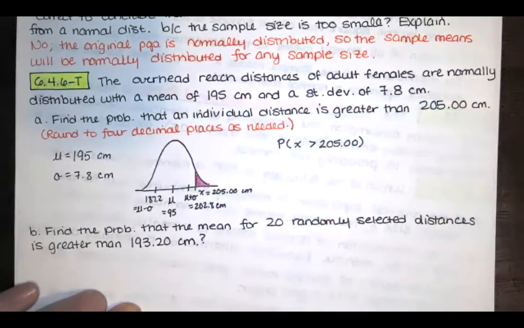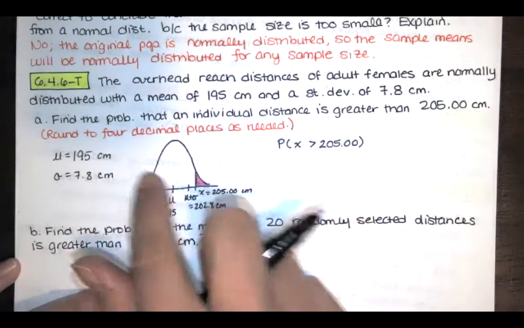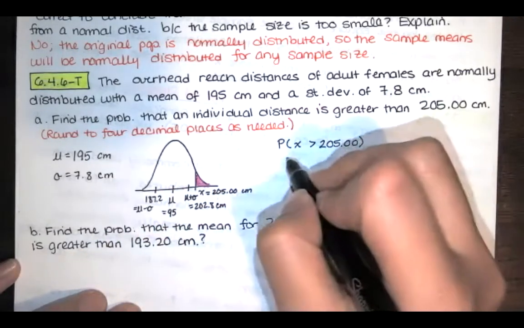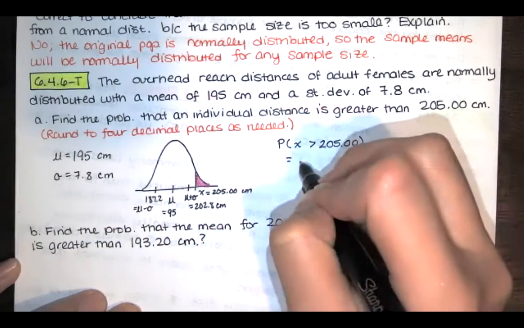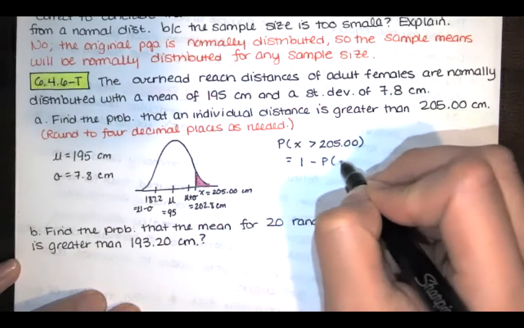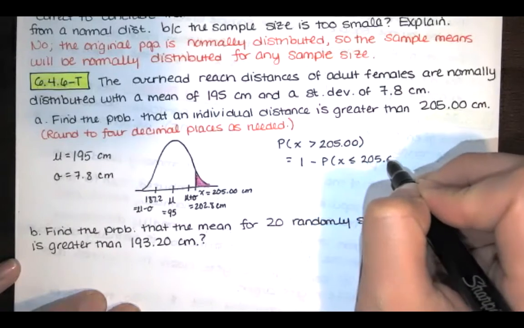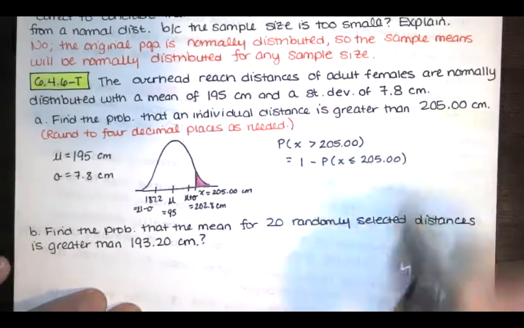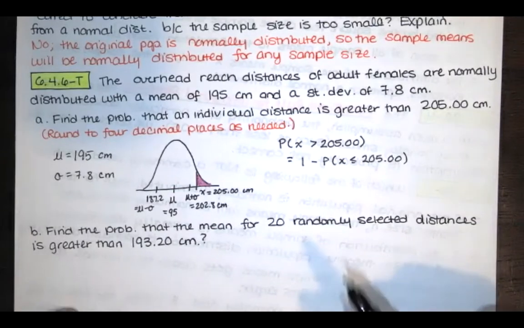Now, both Excel and table A2 give us probabilities to the left, not to the right. So if I want the probability that X is greater than this value, then I will have to calculate 1 minus the probability that X is less than or equal to that value.